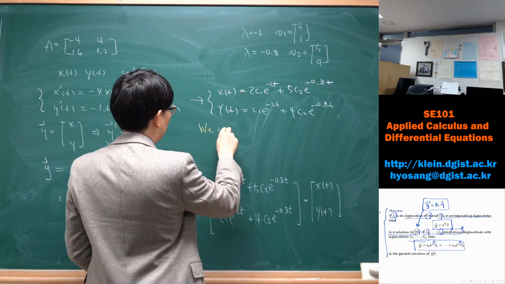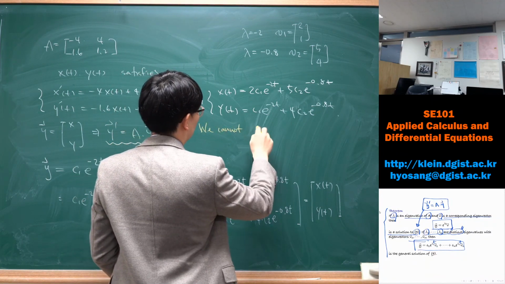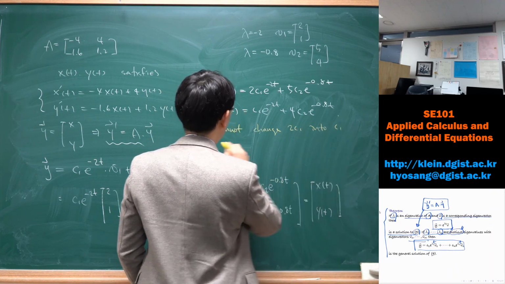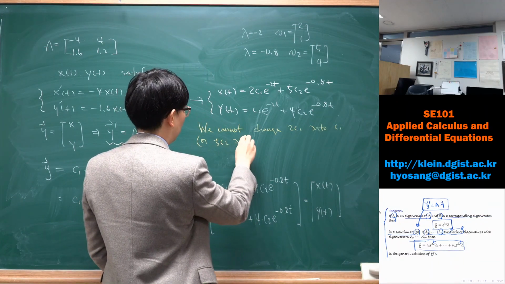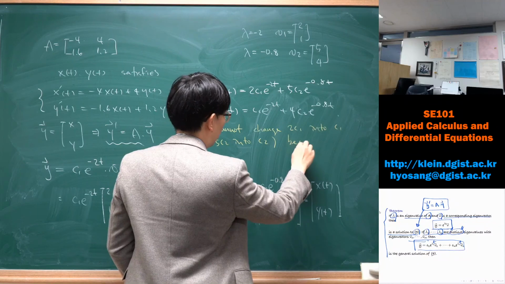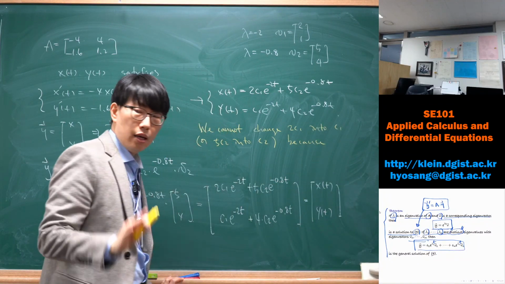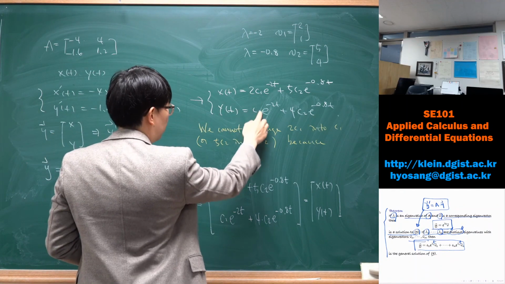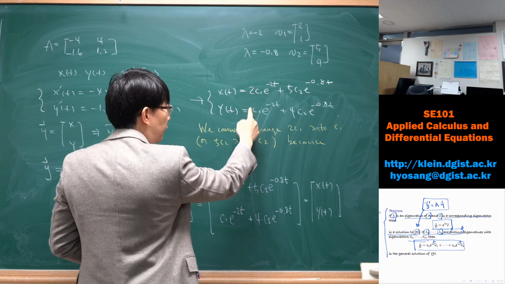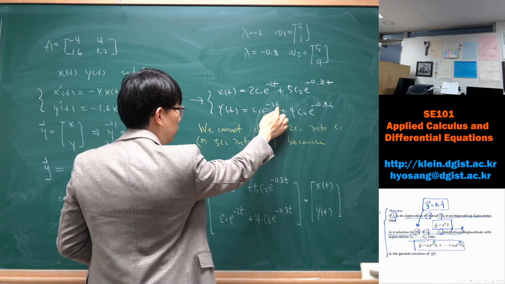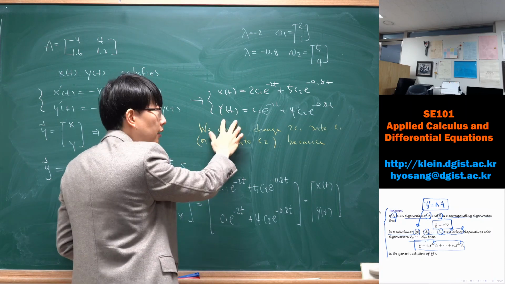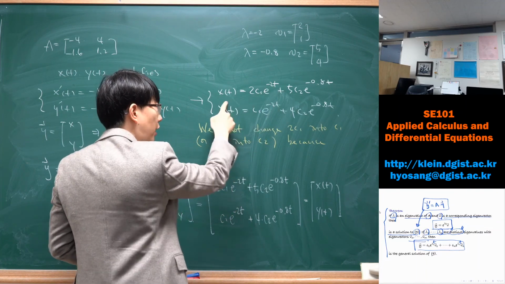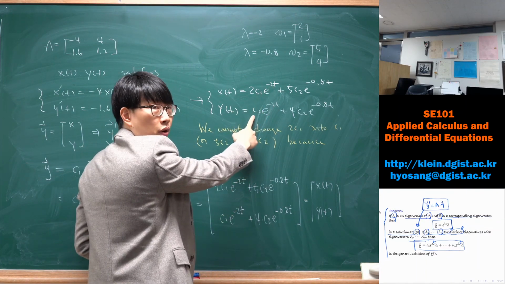We cannot change 2c1 into c1 or 5c2 into c2, because this expression says, if I determine c1 here, then the coefficient of the e to the negative 2t function in x is twice that coefficient.